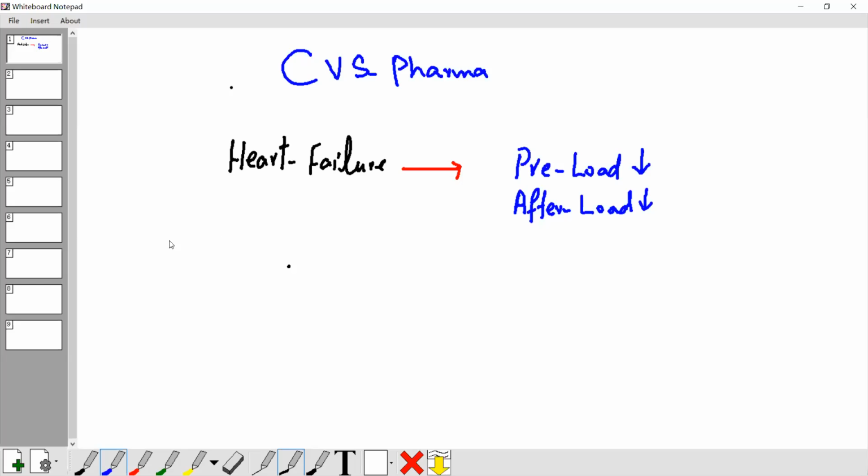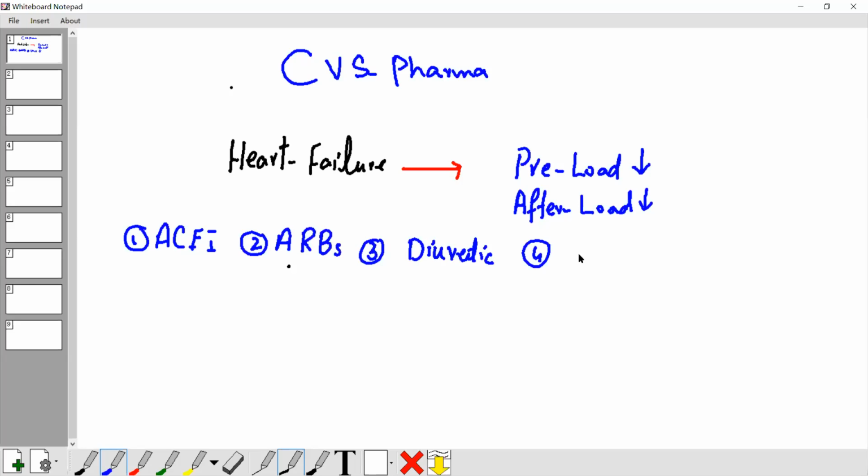How many groups do we use for heart failure? Angiotensin converting enzyme inhibitors, number 1. Angiotensin receptor blockers, number 2. Diuretics, number 3.